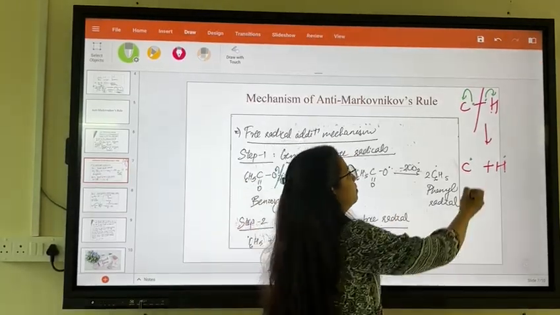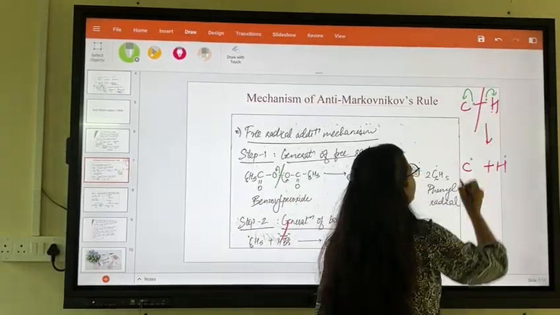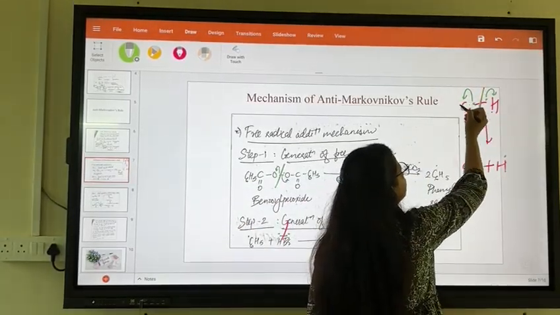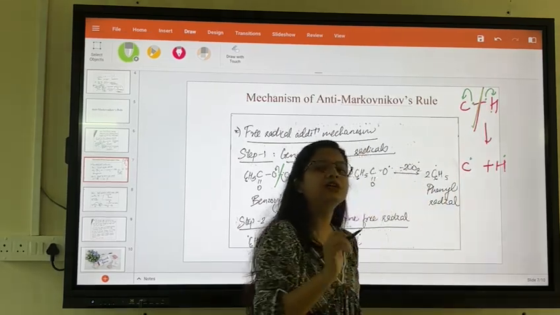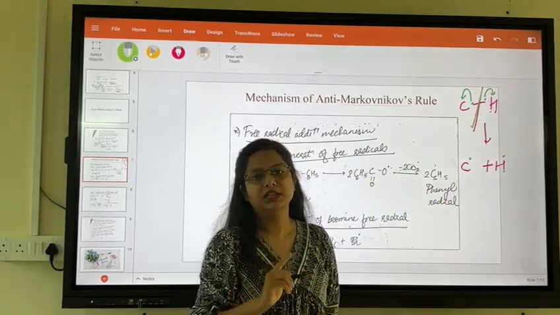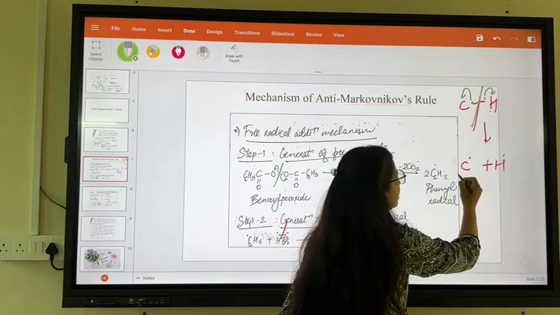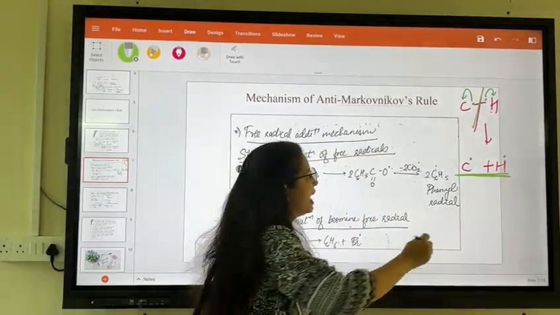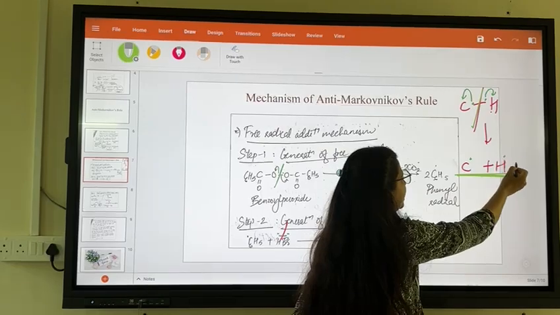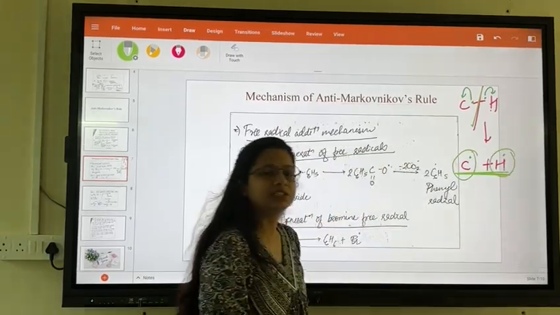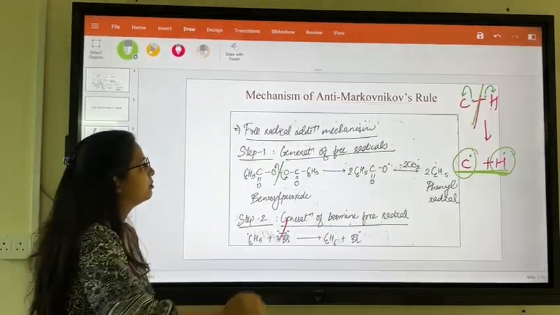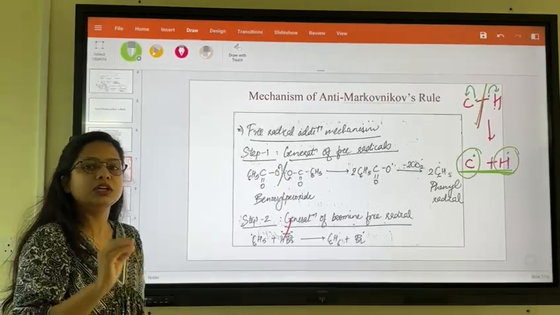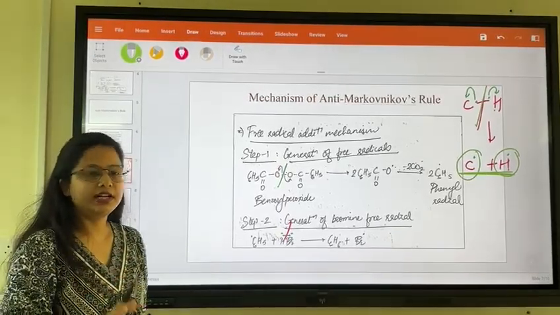So whenever we are breaking this particular bond, both the atoms will leave with one electron with itself. That is nothing but generation of free radical. This is homolytic cleavage, and this carbon radical and hydrogen radical is generated over here. This entire mechanism follows a free radical addition reaction.